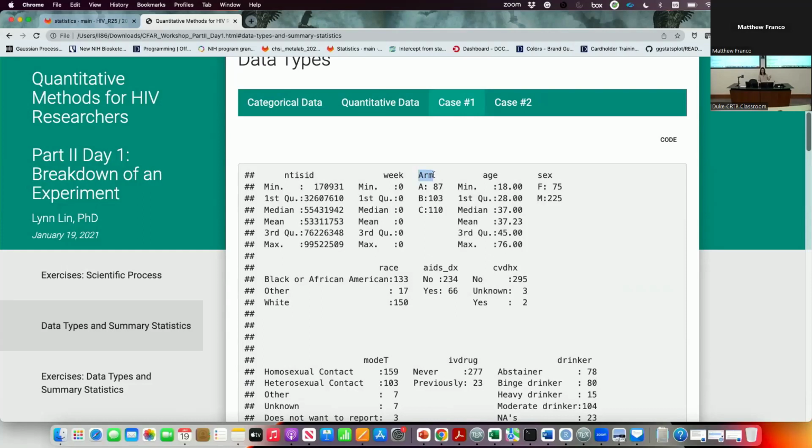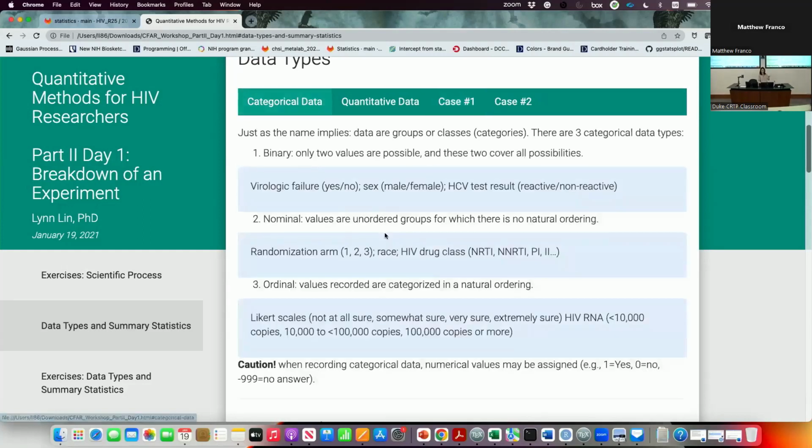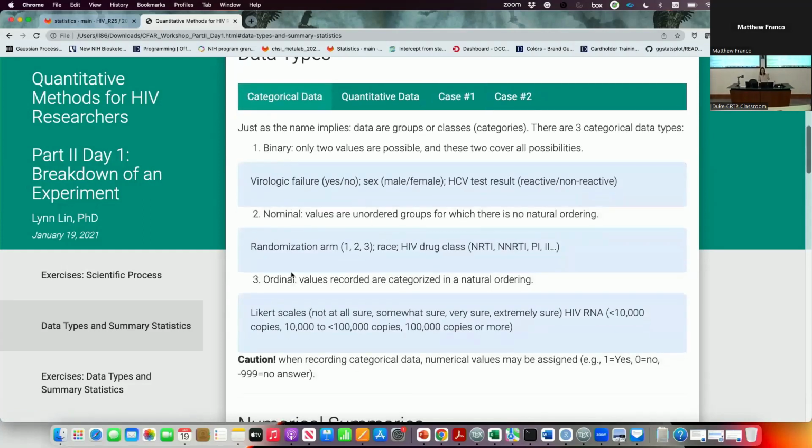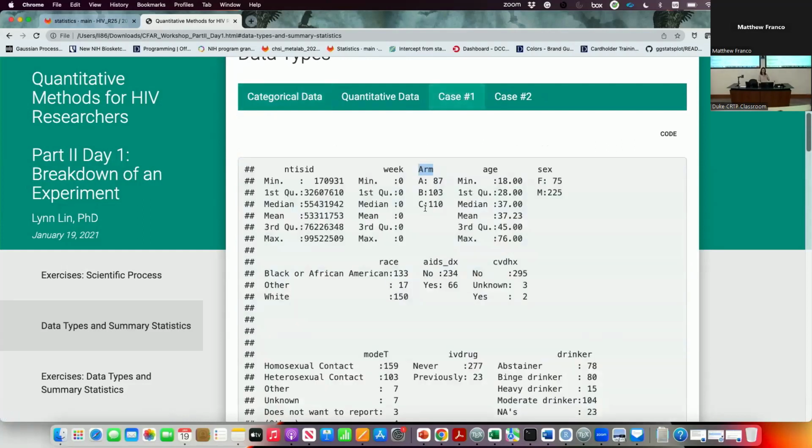So can you tell me which type of data this arm belongs to? Categorical? Yes. Within categorical, which one? So here, you see there's a binary, there's a nominal, there's ordinal. Nominal? Yes, nominal, because A, B, C doesn't carry any ordering. And how about age?